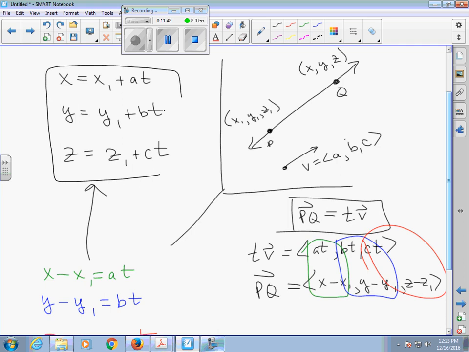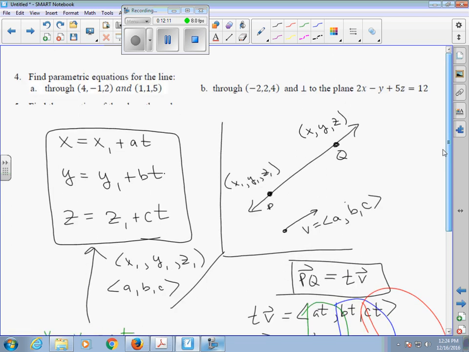The reason I went through that is, one, you see why it is what it is. And then we know that x1, y1, z1 is some random point on the line, and a, b, c are the directional numbers for the vector that is parallel to PQ, the direction in which the line is facing.